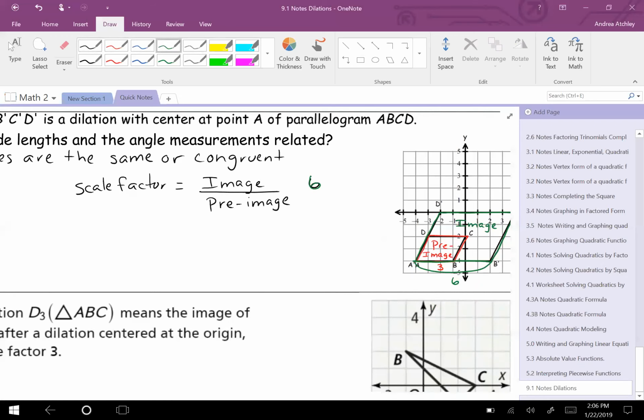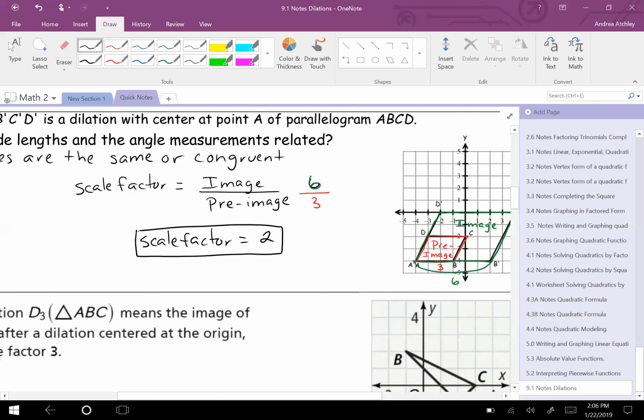The corresponding side length on my pre-image was 3. So the scale factor is 2 when you reduce that. 6 divided by 3 is 2. Any questions over that? Okay.